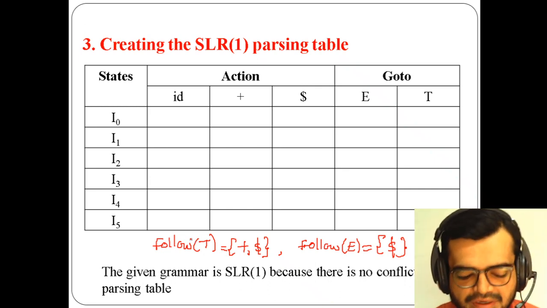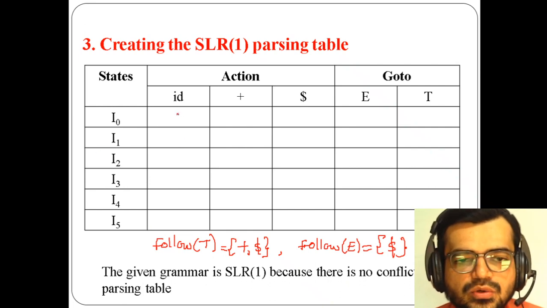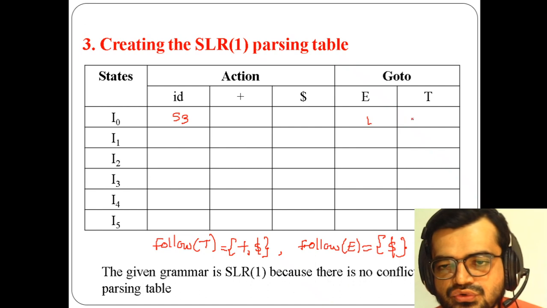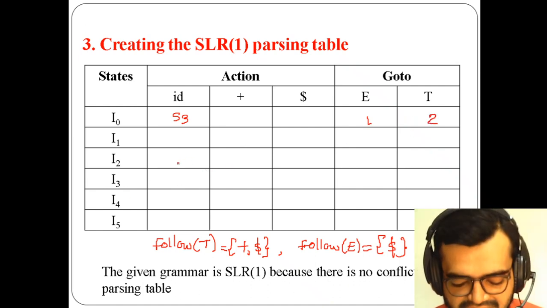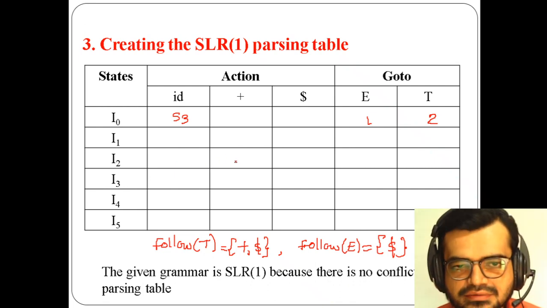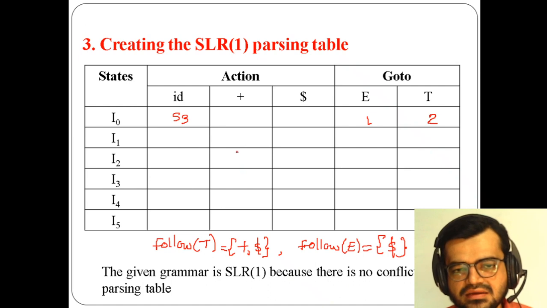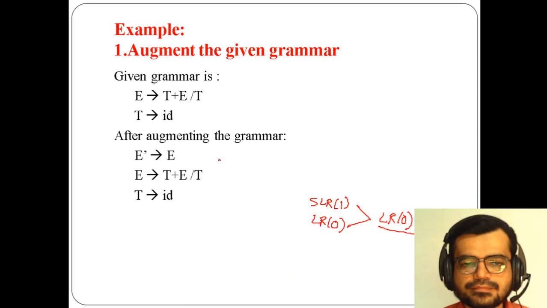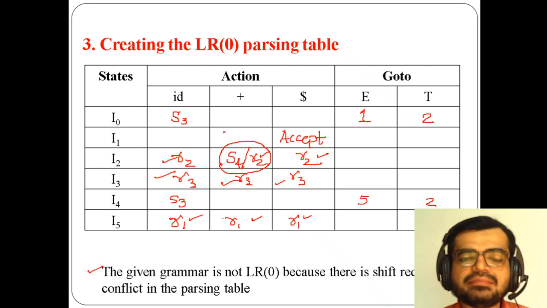Now the same thing you have to do for the shift operation. Here you are using shift operation S3, and the same for 1 and 2. Here also shift is there, right? Yes, here S4.